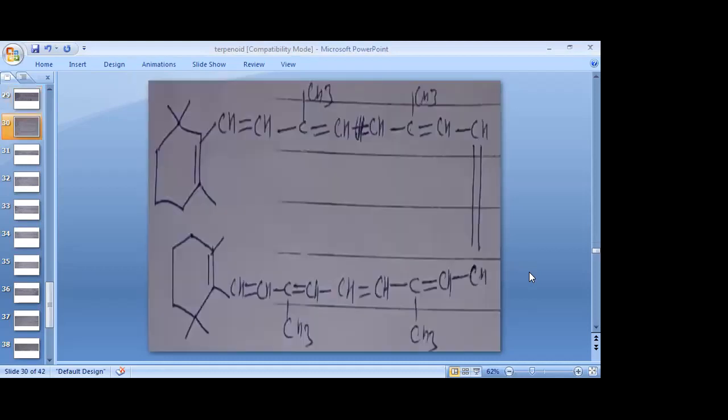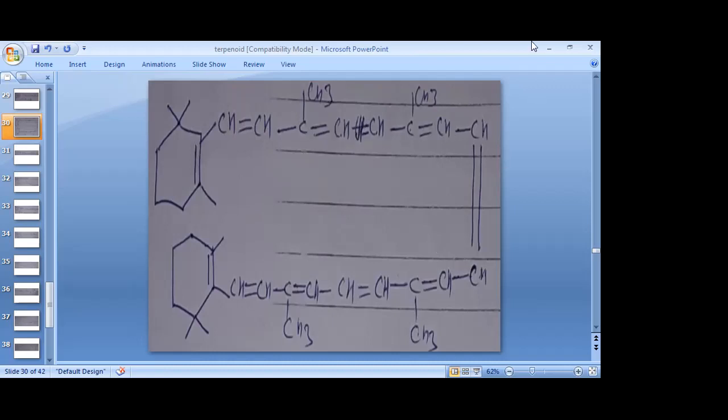Now the point comes, what about the structure of beta carotene? We had a discussion on the structure of beta carotene. You can see in beta carotene, there are two cyclohexene rings, where there are 1, 2, and 3 methyl groups here, and 1, 2, and 3 methyl groups here. The rest is an acyclic part, where isoprene units are connected: 1, 2, 3, 4, 5, and here a methyl group, and here 1, 2, 3, 4, 5, and a methyl group.